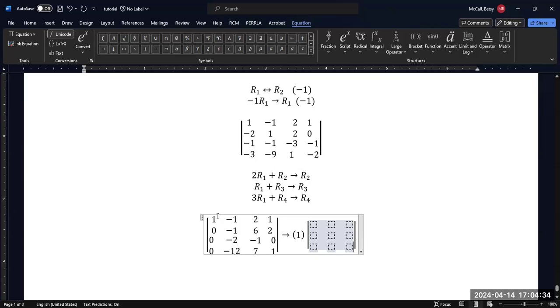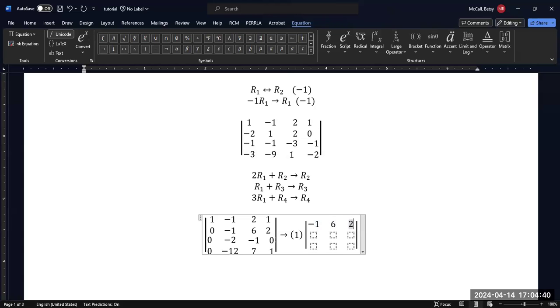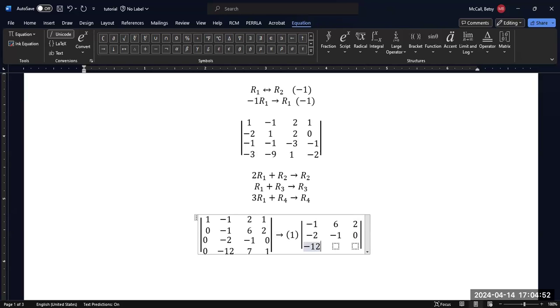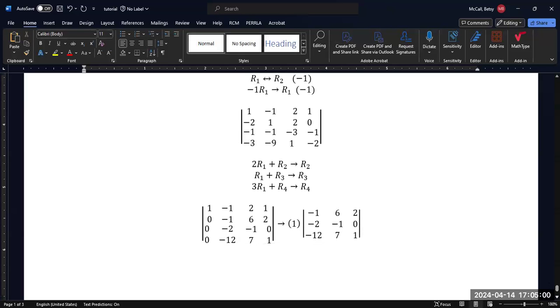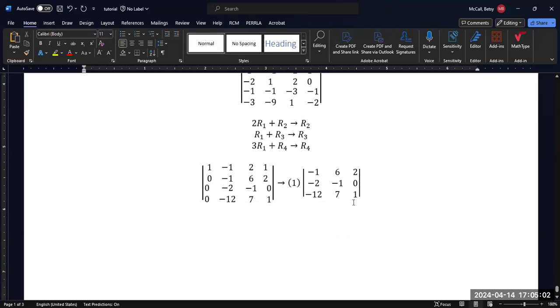Cross out this column, this row, and I get negative 1, 6, 2, negative 2, negative 1, 0, negative 12, 7, and 1. Great. So now I'm down to a 3 by 3.